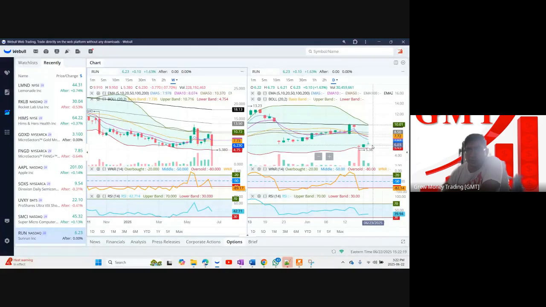So if you are looking to enter, Ankit, and I believe you would be looking to enter for a very quick trade, the buy would be at the high of this candle, which is $6.20, for a first target of $7, which is the 5 EMA here, and second target the mid Bollinger Band, which is 7.70.